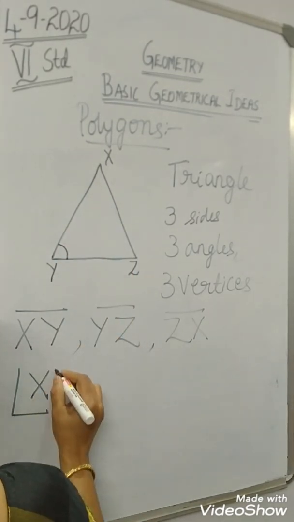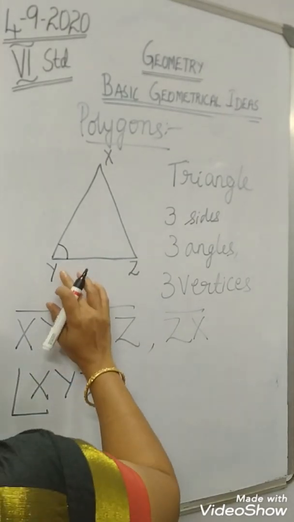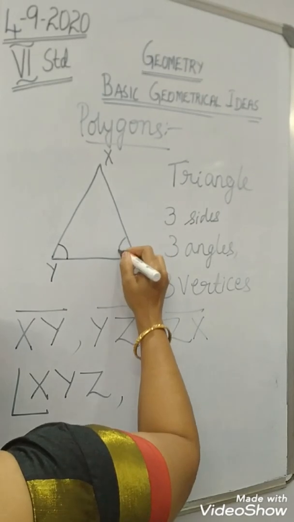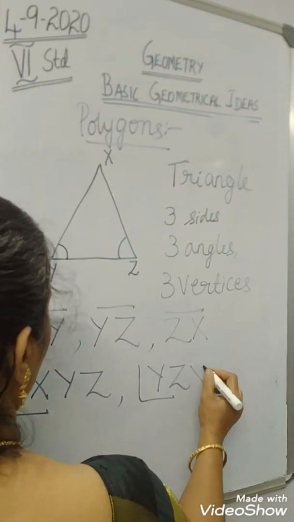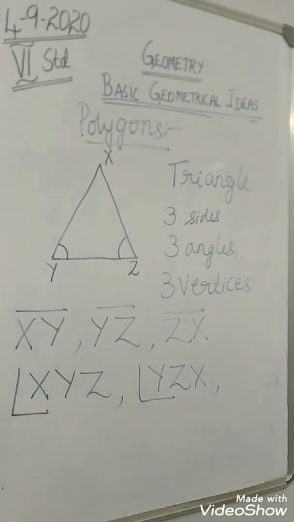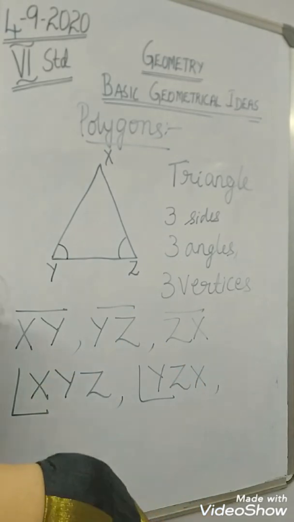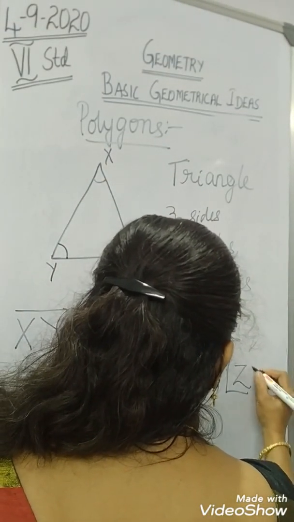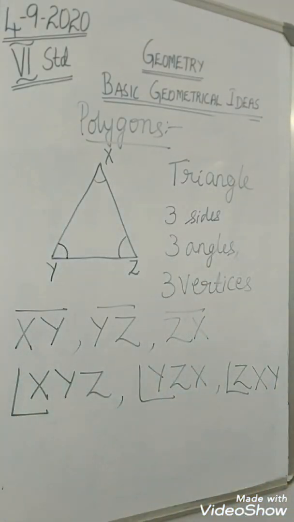So XYZ is one of the angles. Next angle, can you tell? YZX. This is an angle. Angle YZX. Can you tell one more angle? The angle is ZXY. Look here. ZXY. Yes, is it or not?